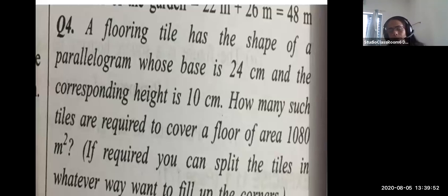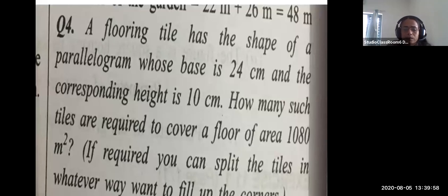Tia, what's the formula for finding area of a parallelogram? Area of parallelogram is BH. Very good.